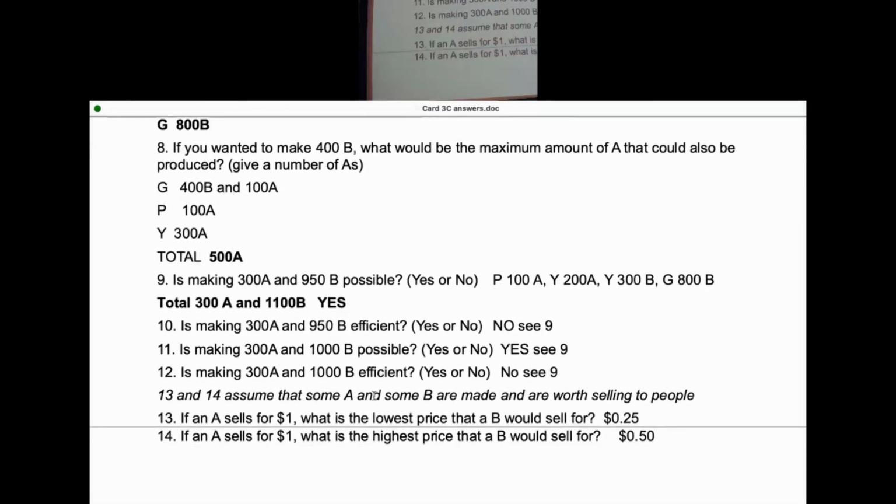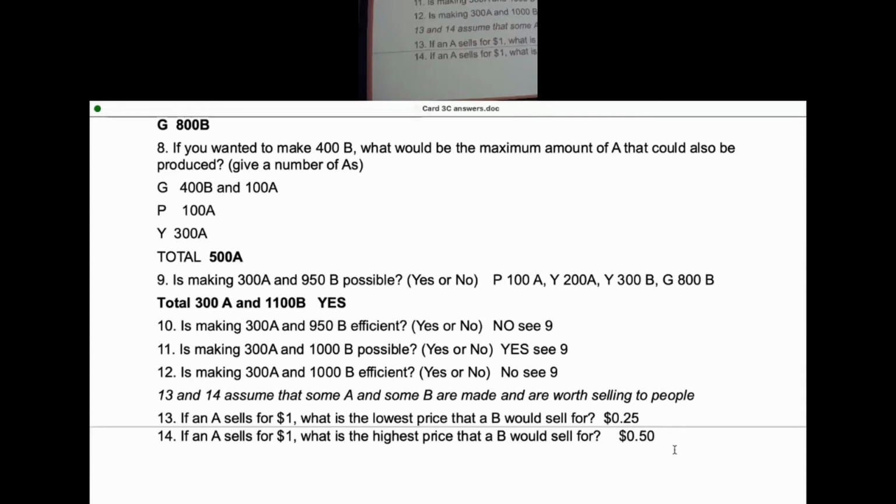If A sells for $1, what's the lowest price that B can sell for? 25 cents. What's the highest price that B would sell for? 50 cents. The reason that's the highest is because you're told somebody is still making A and it's selling for $1.